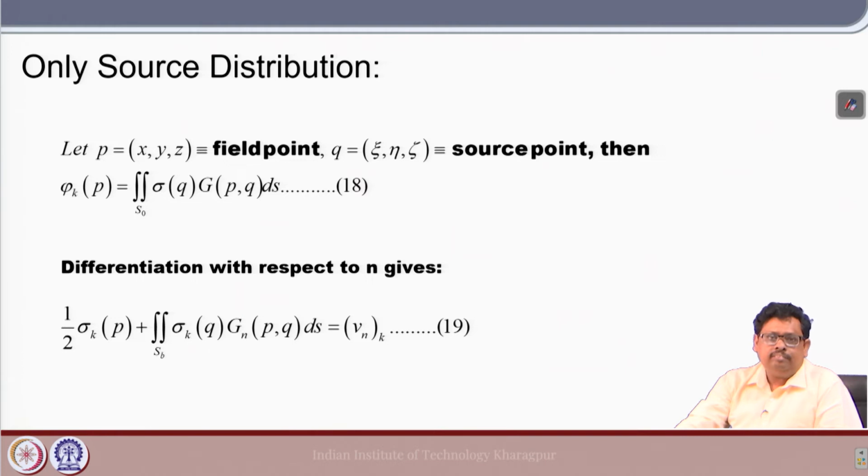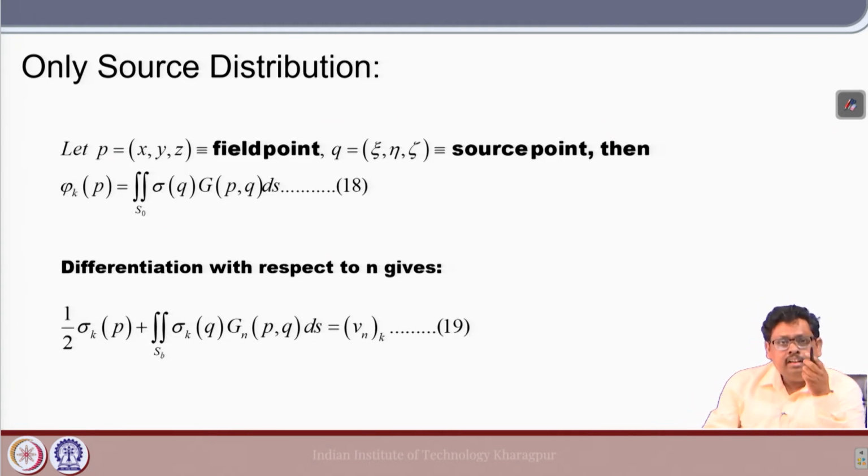That is why we call this the source distribution method, where we have only G but we do not have G n. Now, taking this only source distribution, how do I solve this equation?